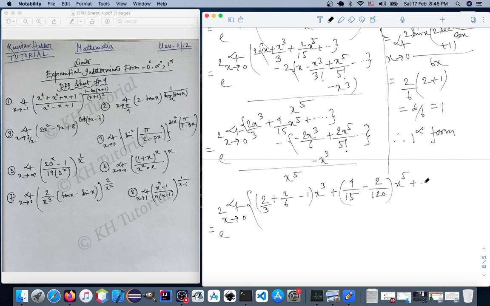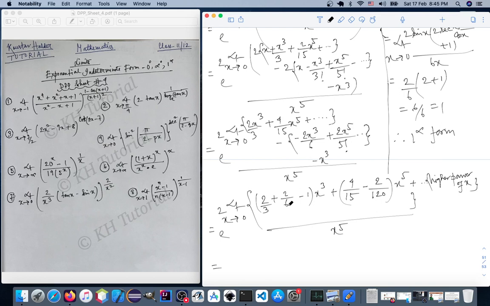and more higher powers of this will be higher powers of x starting from x to the power 7, so it will be like k into higher power of x to the power 5.